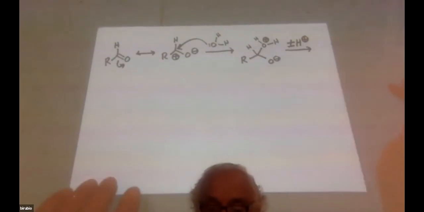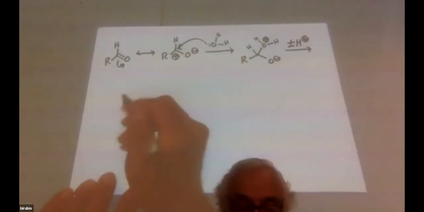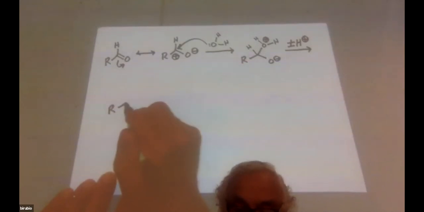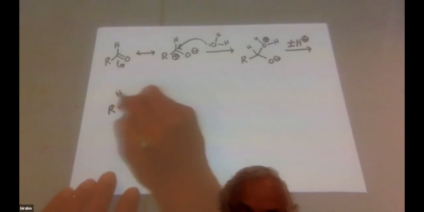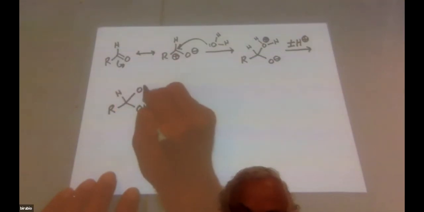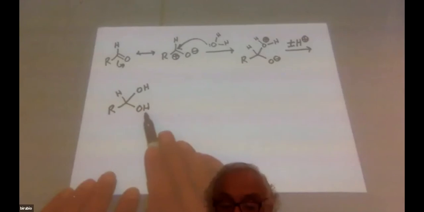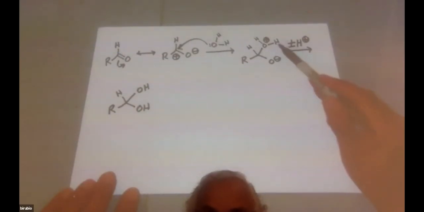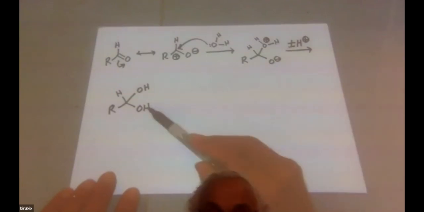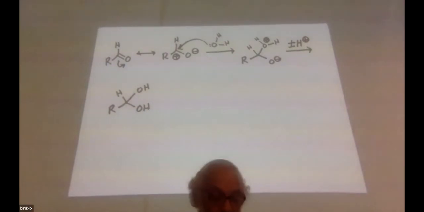So this proton falls off, goes off into the solution. It's never heard from again. But we have a lot of other protons in the solution, and one of them pops on here. And just to belabor the point, if this proton is Fred, this is not Fred here. This is Sally. This is Mary. This is somebody else. And so what we've created now is a special kind of alcohol.